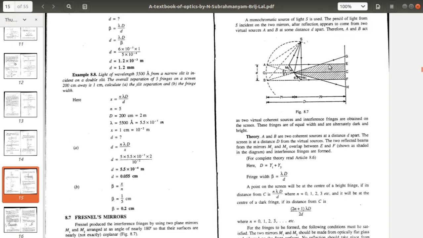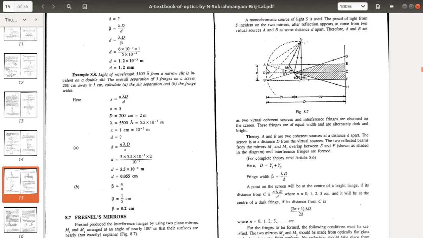That means the light reflecting from the mirrors M1 and M2 seems to be coming from two virtual sources A and B, which are placed behind these mirrors. The distance between these two virtual sources is marked as d.